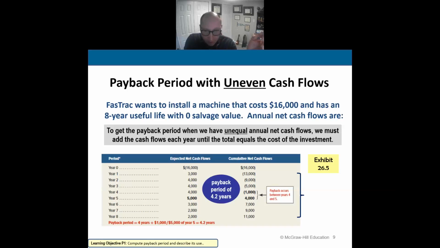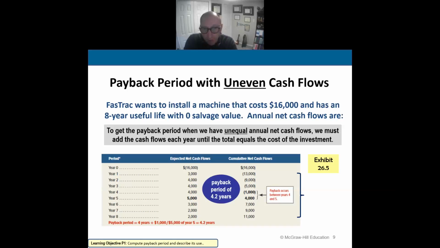And then we start making some money. So year 1, we made $3,000. So that means our cumulative net cash flow is minus 13,000. Why minus 13? Because it's minus 16,000 plus 3,000, which makes it minus 13,000 total.